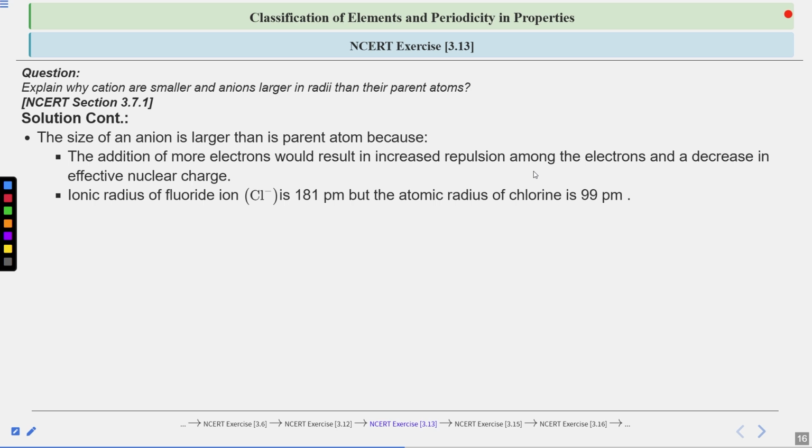In this case, your number of protons is the same, but the number of electrons is greater than the number of protons, and that is the reason it is acquiring a negative charge. Now what will be the outcome of this? There will be repulsion, meaning the electrons will repel each other and they will move further.